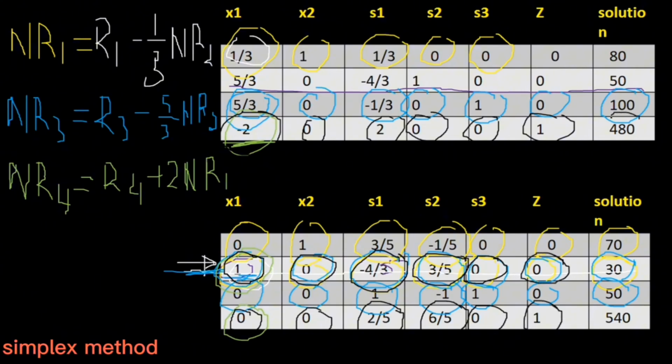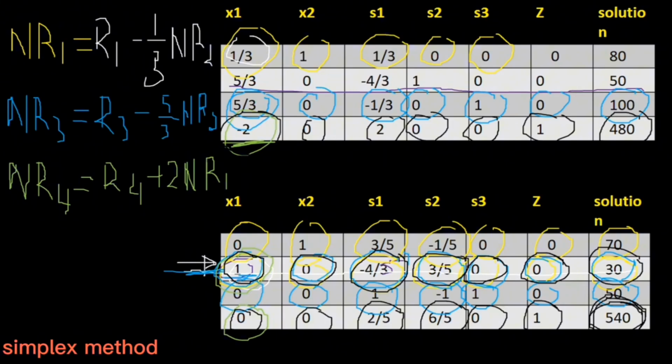And the last one is 480 plus 2 times 30. You have what? 540 at this point.